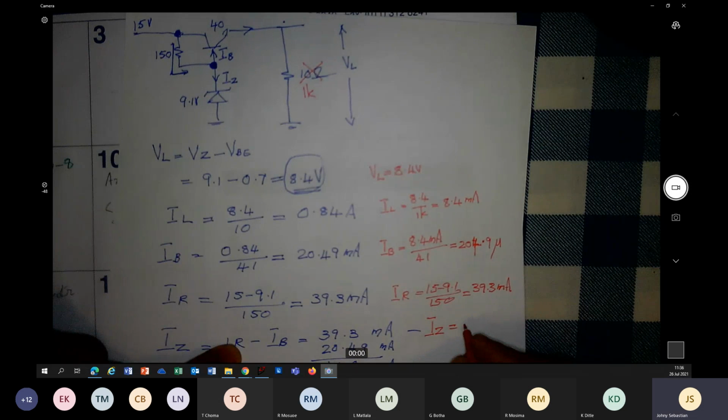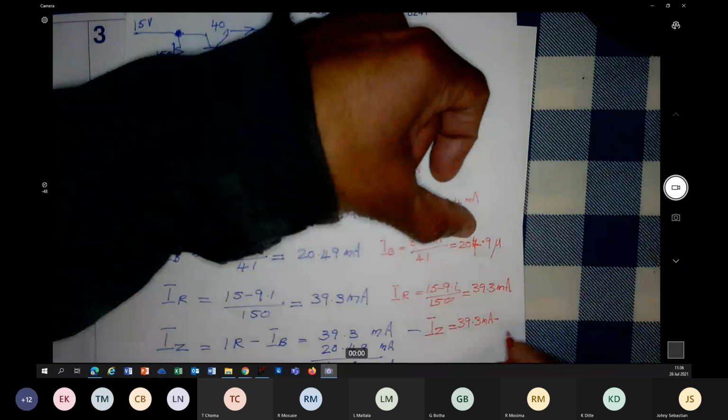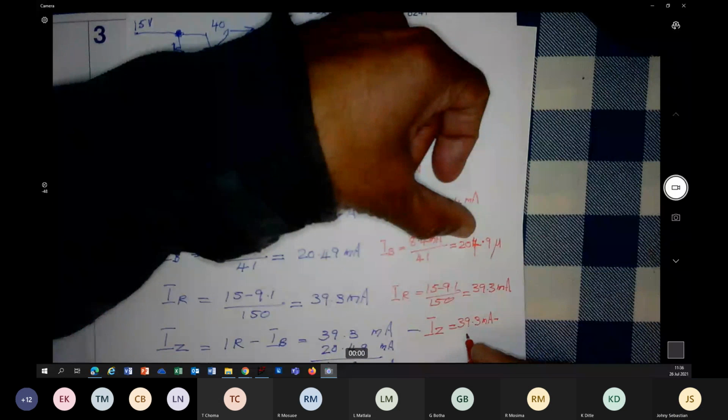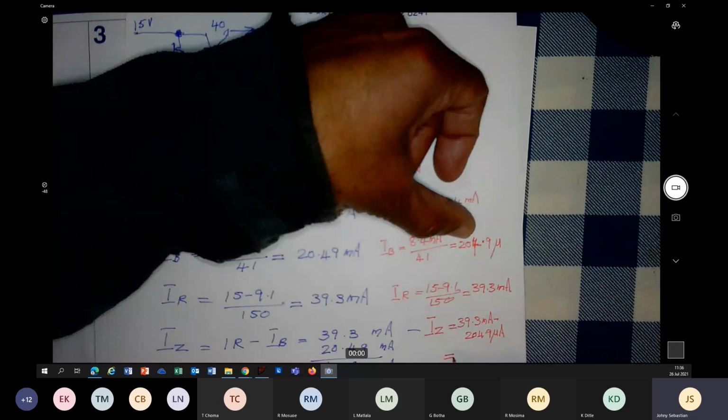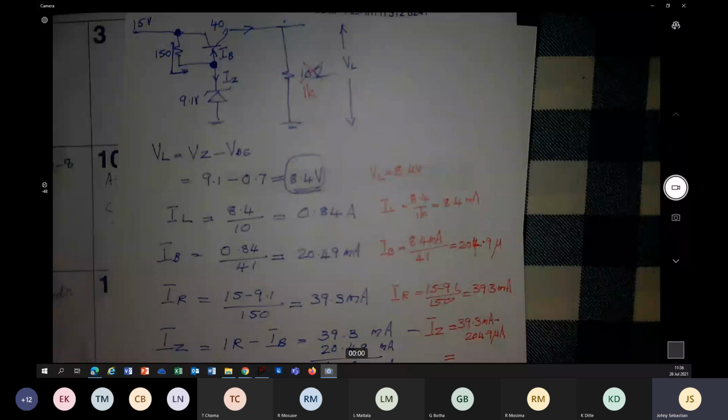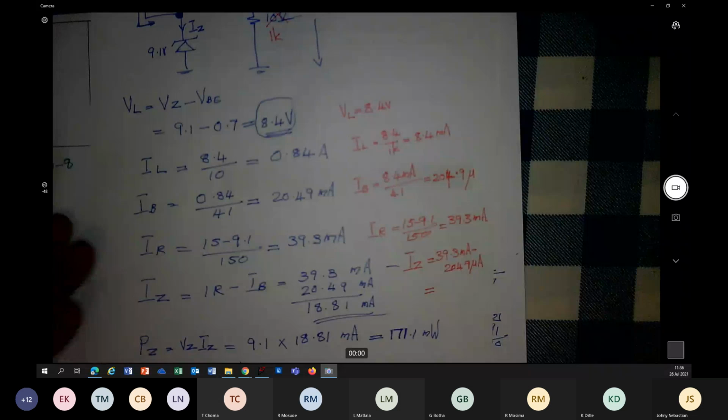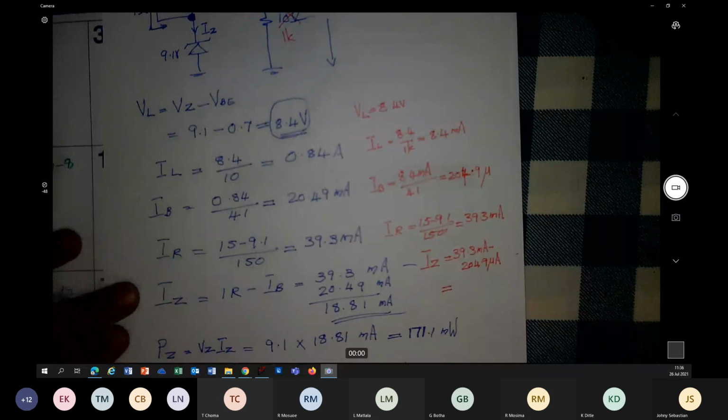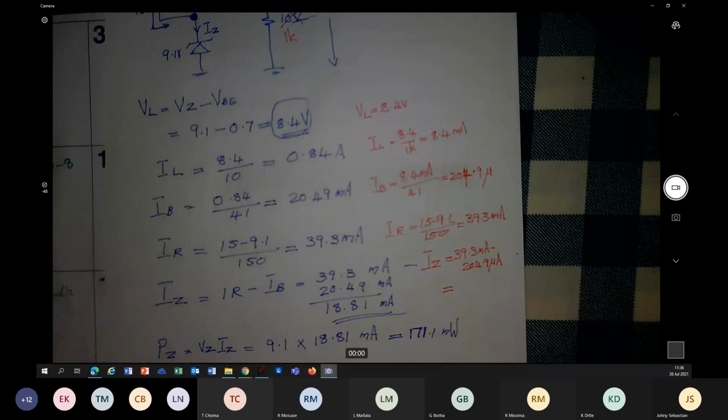IZ is IR, that is 39.3 milliampere minus 204.9 microampere, which gives 39.1 milliamps.